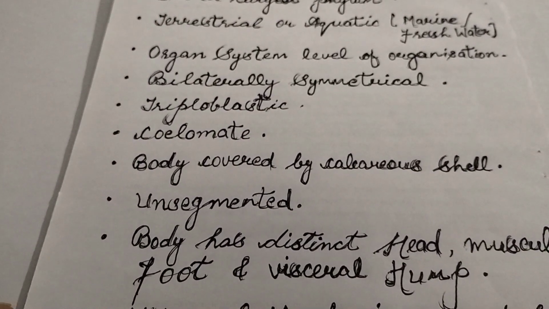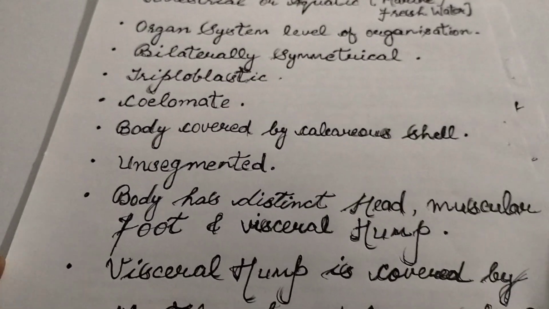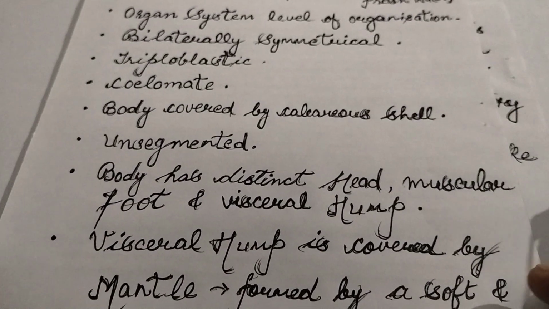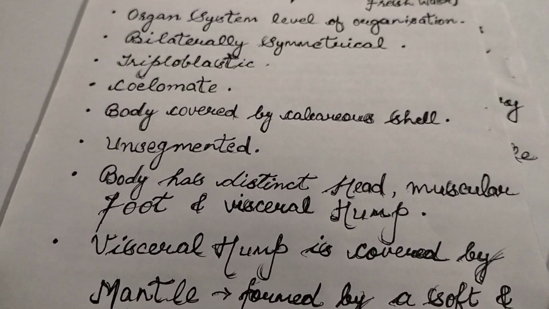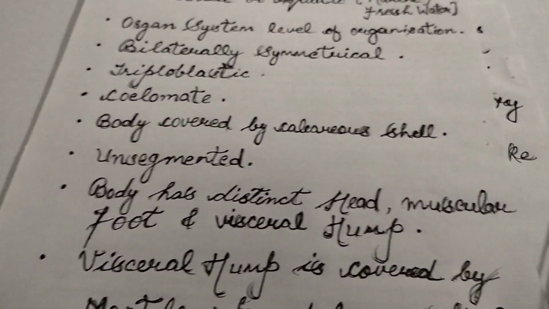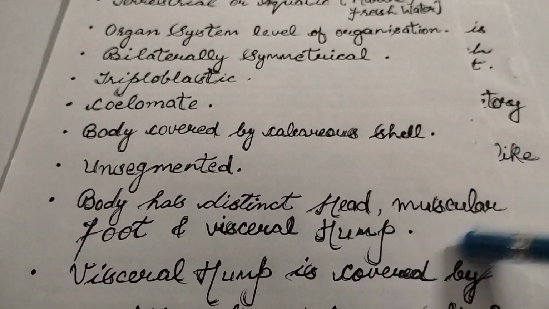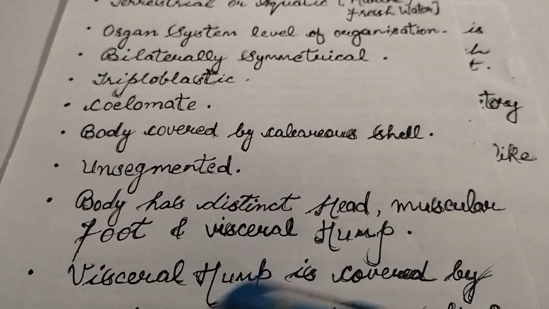And now here the body is unsegmented, without segmentation. Next character, the body has a distinct head, muscular foot, and visceral hump. Here also, the body is divided into three parts. What are those three parts? Head, foot, and hump.